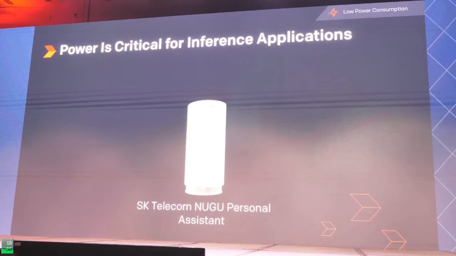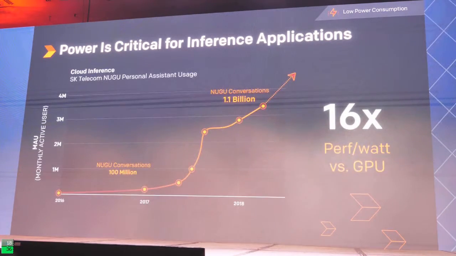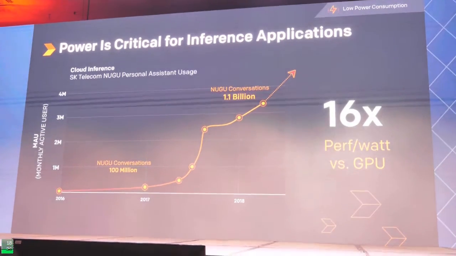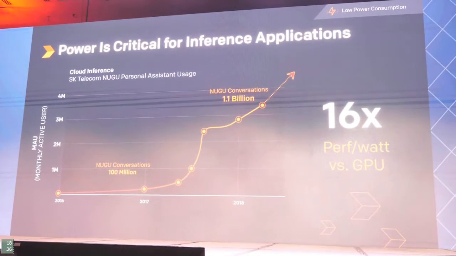Like Alexa, this will send data up to the cloud, and SK Telecom will do automatic speech recognition. Now, SK Telecom has seen some tremendous growth with this device. Just in the last 2 years, they've gone from 0 active users to 4 million active users. And they expect that they would have to handle about 1 billion conversations every month.